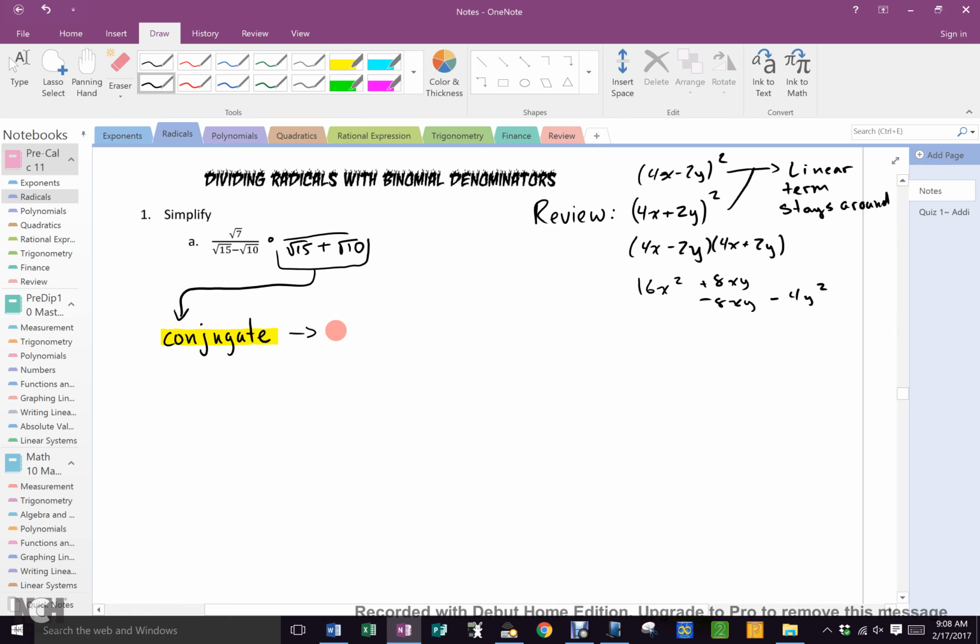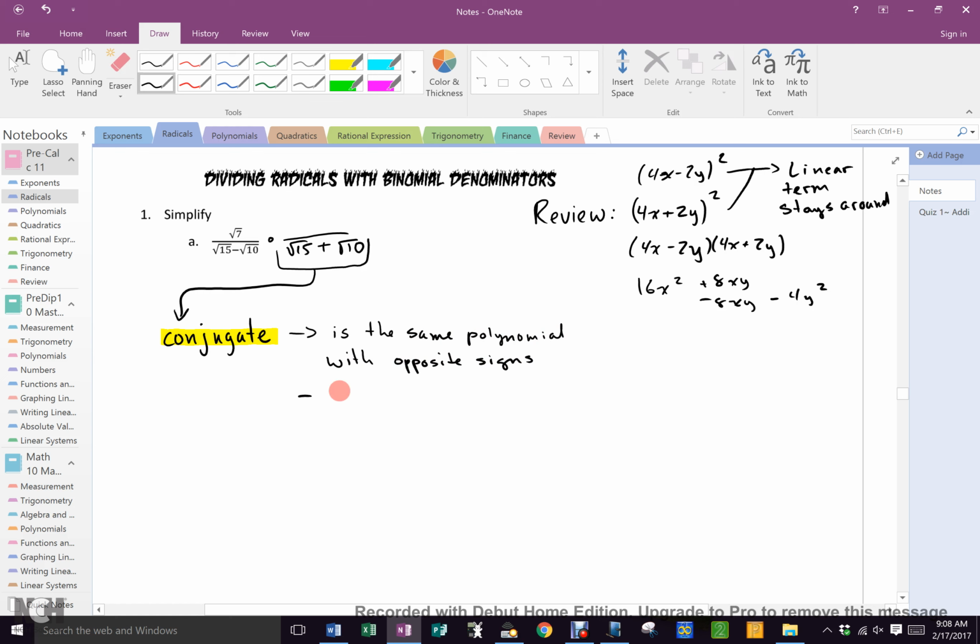The conjugate, I'm going to say, is the same binomial, or not binomial, the same polynomial with opposite signs.